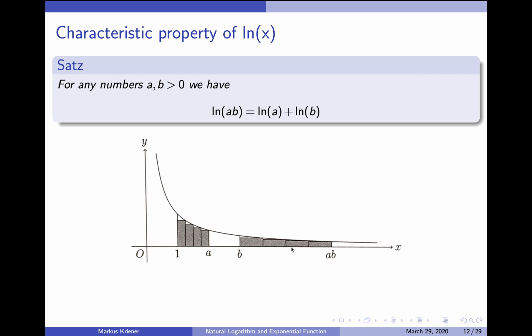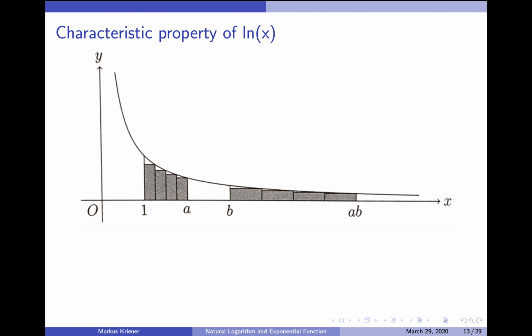Because the area to the right is a difference of ln of a times b minus ln b. Then we only have to add ln b on both sides and we are done. So let's show that these two areas are equal.